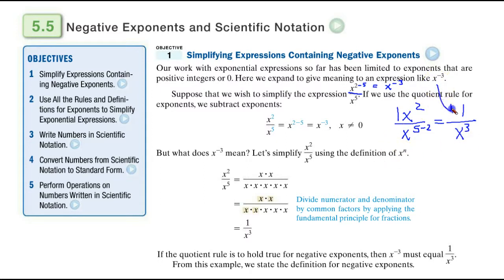So whether you can see it or not, these two are equivalent because they started off the same way. So x to the negative 3 is actually, in its positive exponent form, 1 over x to the third.